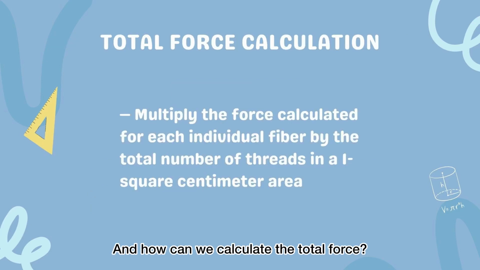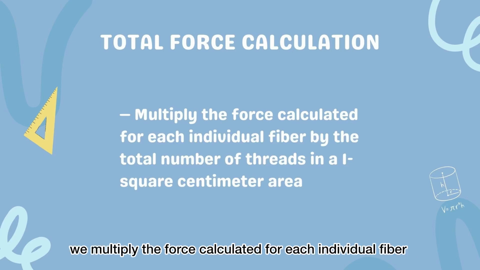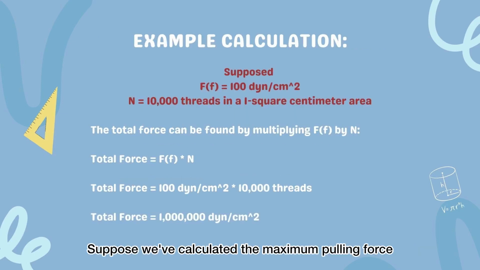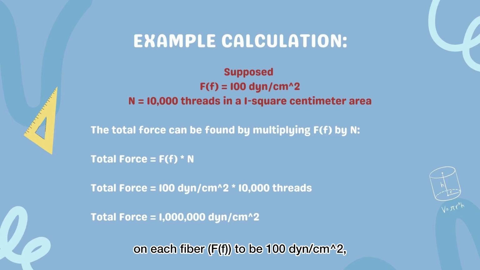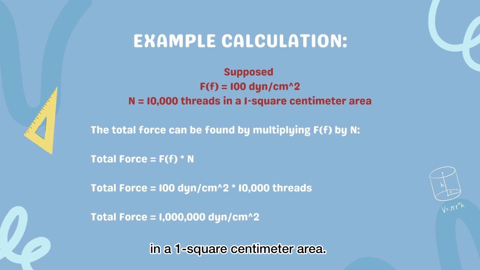And how can we calculate the total force? To determine the total maximum force within muscle tissue, we multiply the force calculated for each individual fiber by the total number of threads in a 1 square centimeter area. For example, suppose we have calculated the maximum pulling force on each fiber to be 100 dyn per centimeter squared, and we have determined there are 10,000 threads in a 1 square centimeter area.